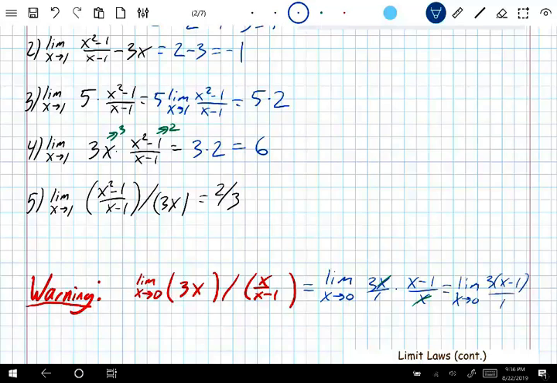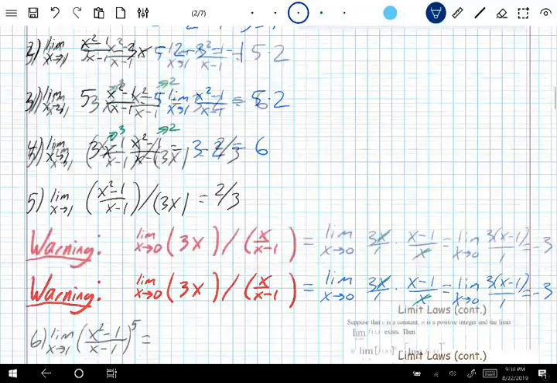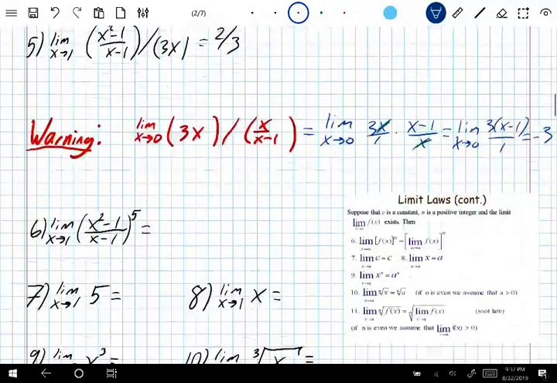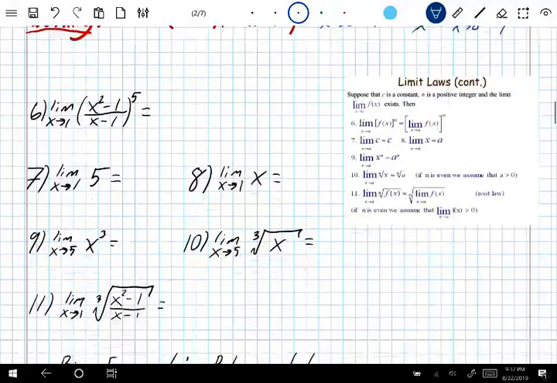If I plug in a 0 there, I just get -3. Very nice. By the way, me just plugging in a 0 there, how did I know I could do that? My limit laws actually tell me, and they will more so in a bit, exactly that I am allowed to plug into this thing.